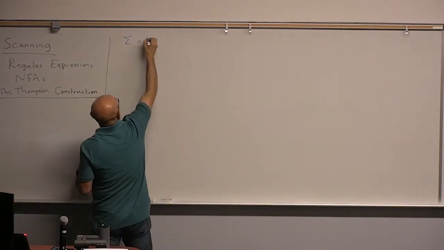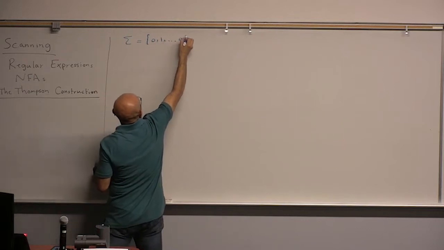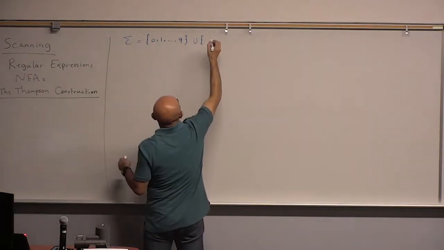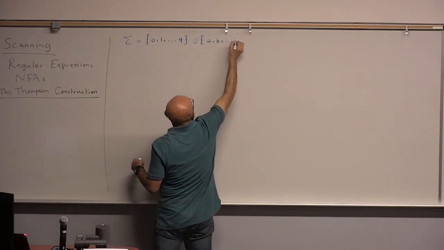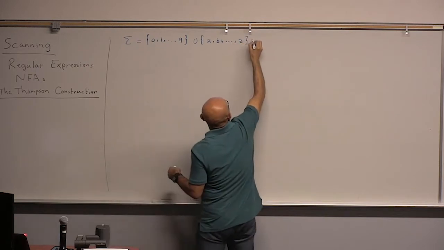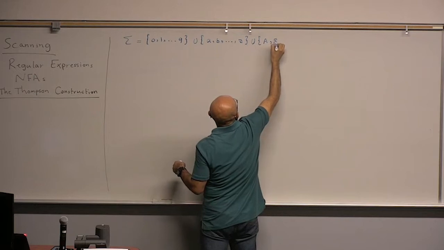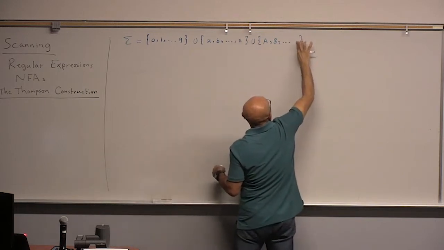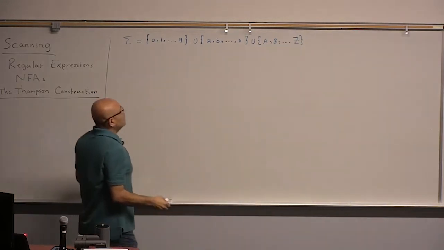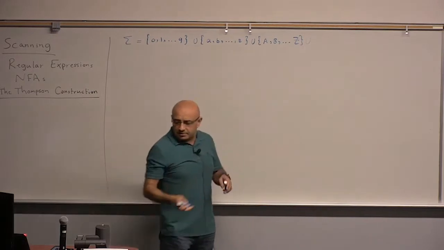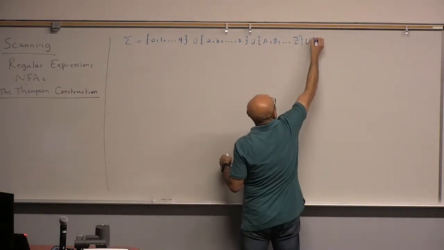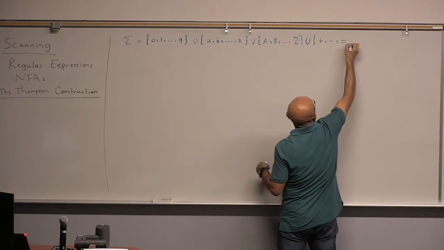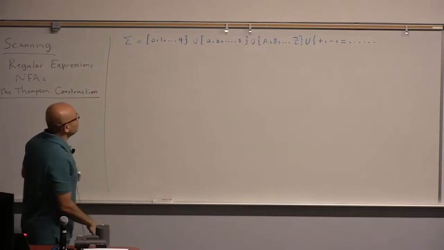So we'll have all the numbers, we will have all the alphabetic characters, a, b through z, and even uppercase A, B through Z. And we have all the symbols that can appear in a valid program, like plus, minus, equal, etc. Okay, so this is our sigma.